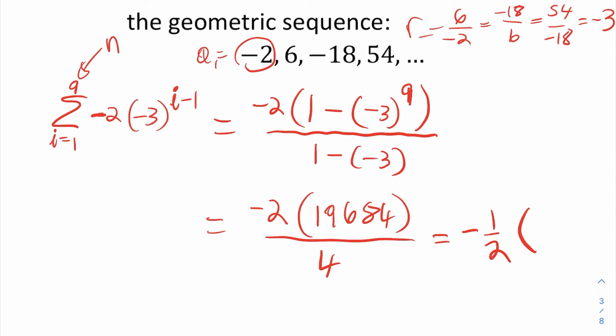So the product of negative 2, and then we divide this by 2, and the answer I get is negative 9,842. This is just the final answer.